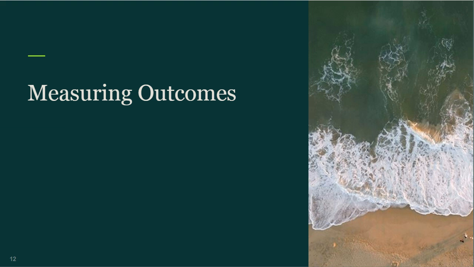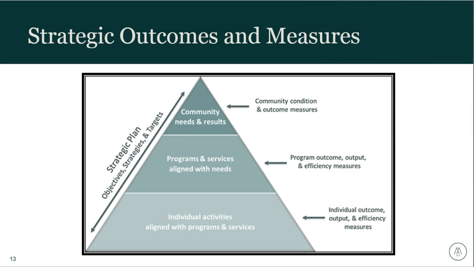So we'll go back to another view of a strategic plan, which is really thinking about our objectives and our strategies from that community and board and leadership level at the top, and then individual level at the bottom. So when we're establishing outcome measures and thinking about things that we're communicating to our board and communicating out more broadly, those are the things that affect everyone, that are tied directly to our broad goals.